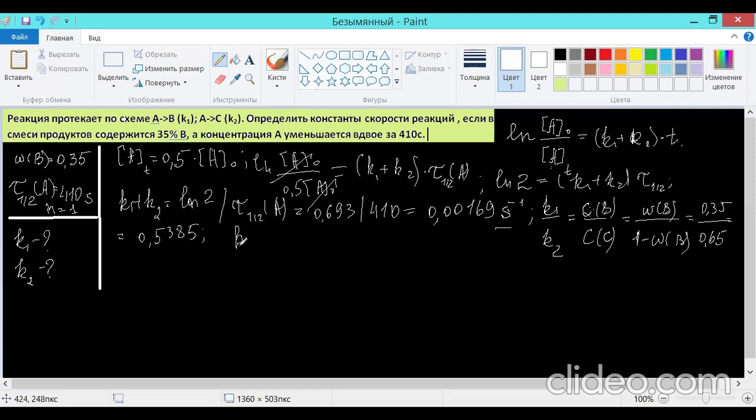In other words, K1 equals 0.5385 times K2, okay? So we've got a very simple system of two equations: K1 equals 0.5385 times K2, and the sum of the constants equals 0.00169.